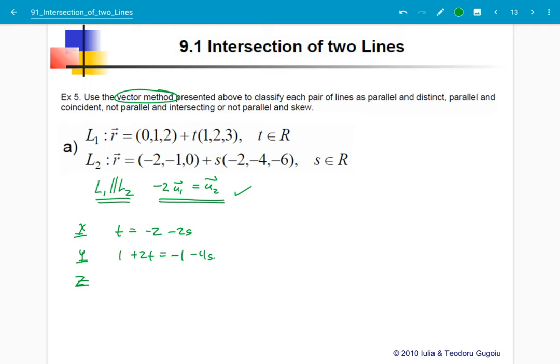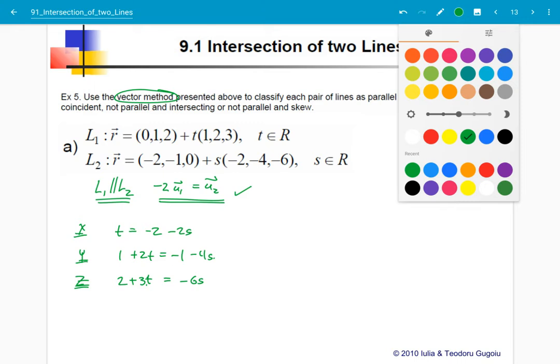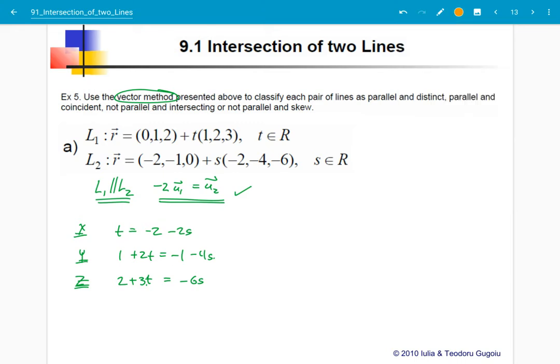And for the z, I have 2 plus 3t is equal to -6s. So should be a t here. So what I would do is I would sub this into the other equations, right? So that's one way to do it.